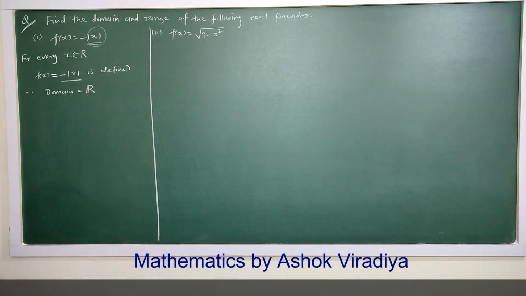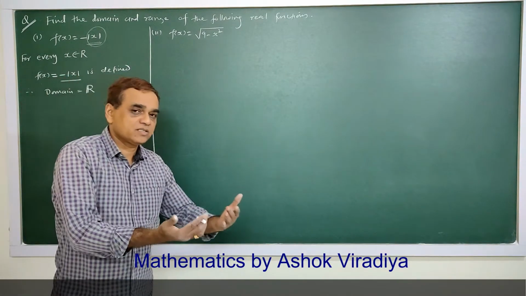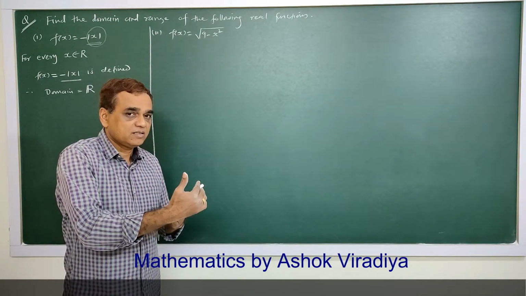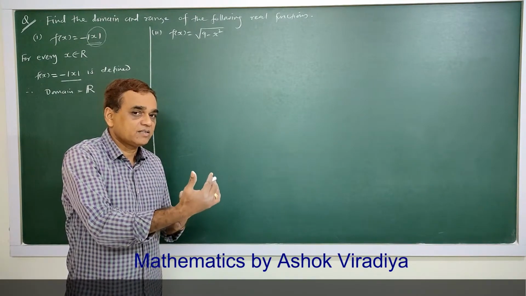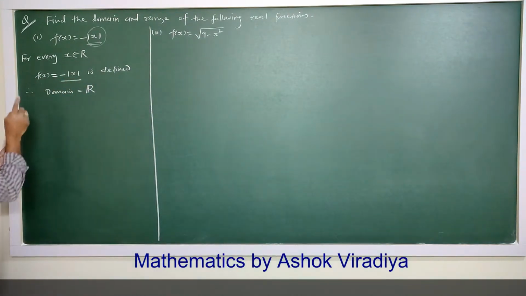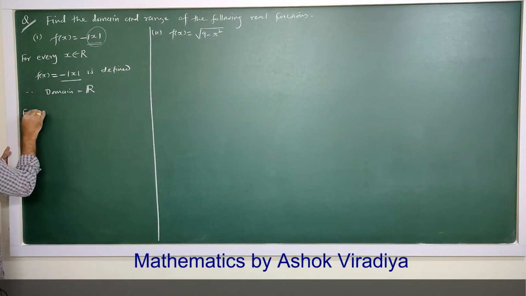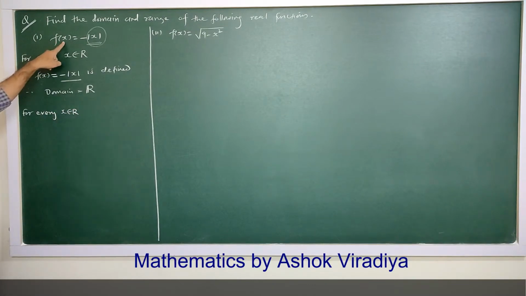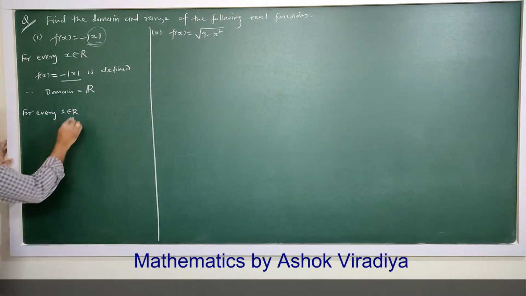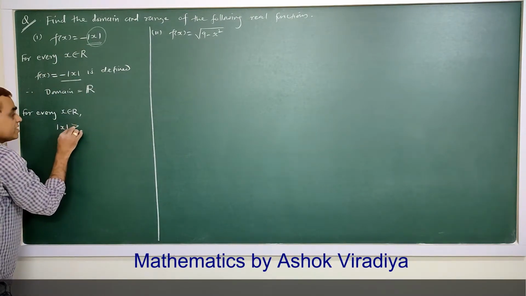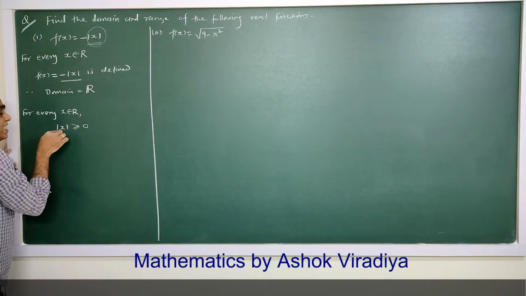Now the range. Range means the set of images where the values of f(x) lie. So the set of all f(x), that is the range. Now look here. For every x belonging to R, if we take any x in this machine, then first of all modulus x is always greater than or equal to 0 for any x.